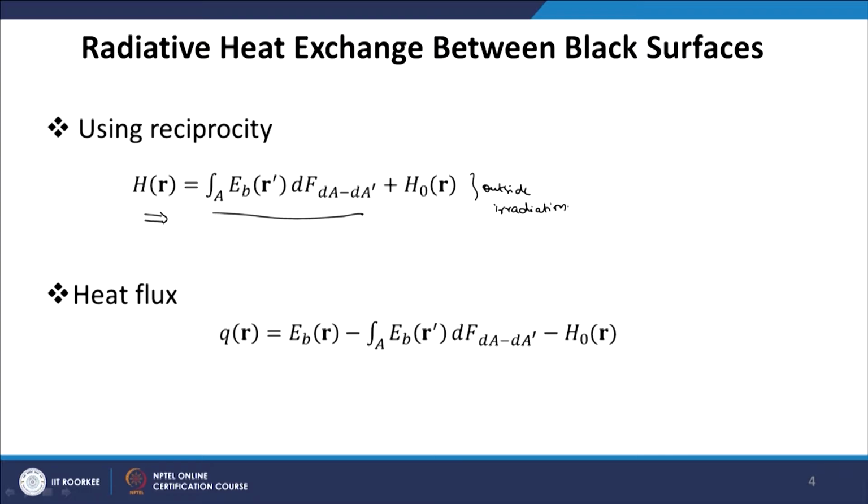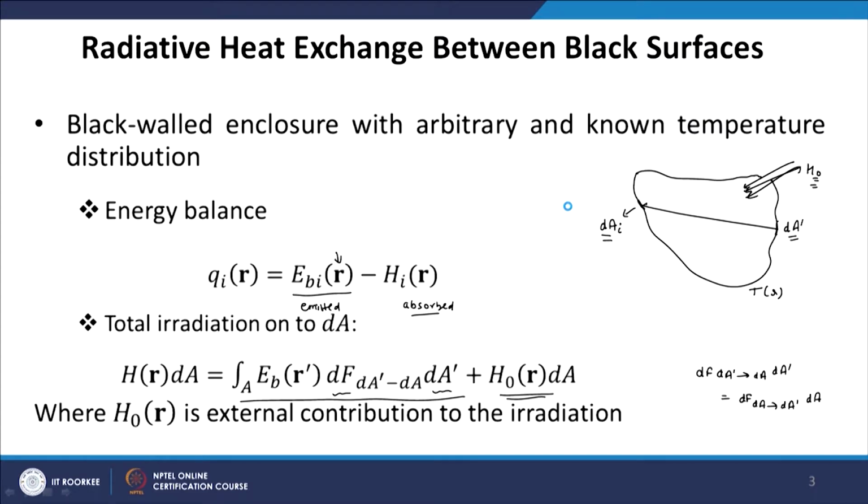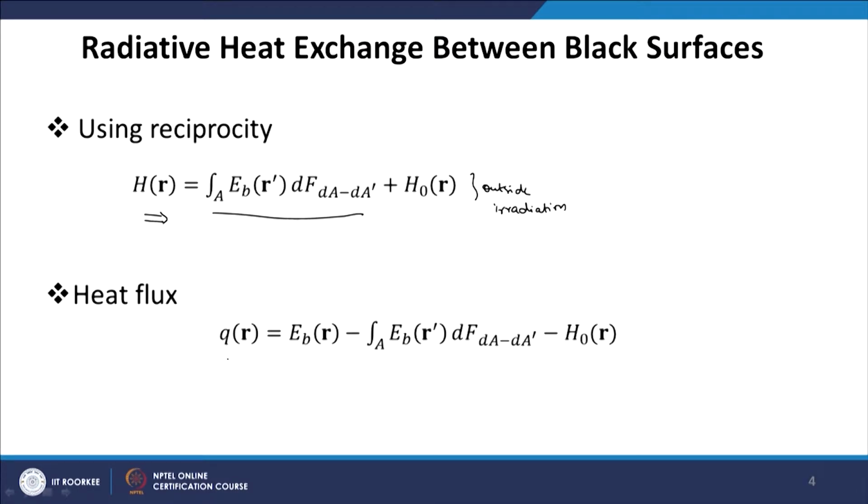Now, substituting this value of HR in this equation, we get the radiative heat flux at any location. So, we have this enclosure, this is surface dA. The heat flux Q is equal to the emission power at this location minus the total irradiation from all the surfaces of the enclosure and outside irradiation.